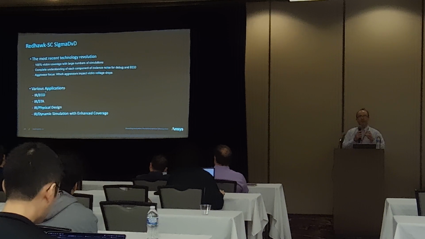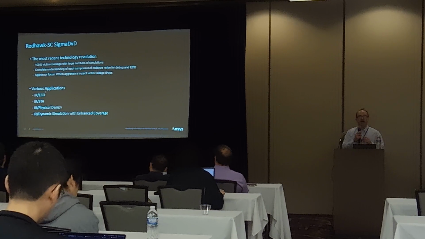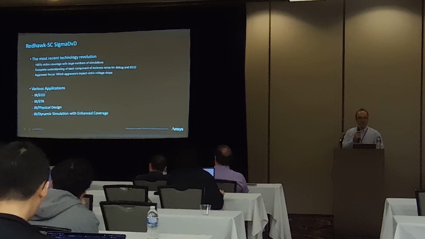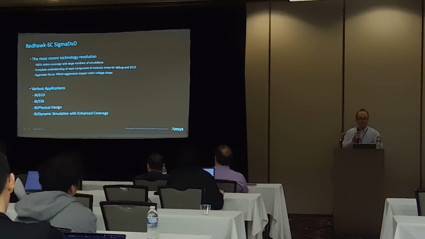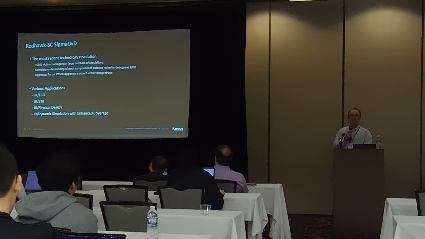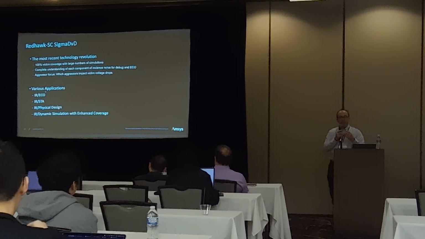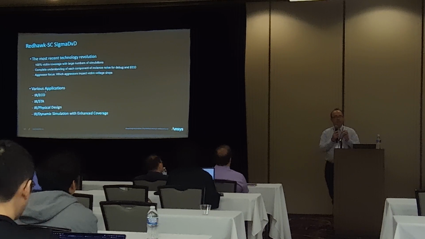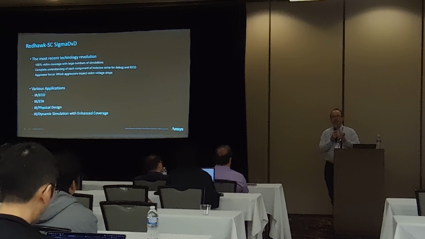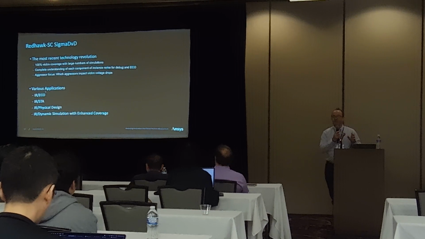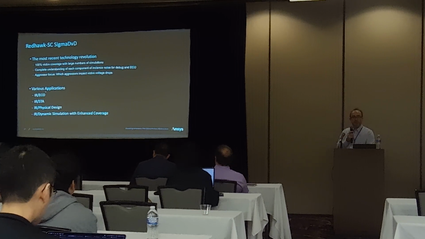So we have an aggressive focus where we decompose this IR drop problem into a much more foundational basis, so that we can apply it to many things like ECO, STA, and a bunch of other things. I'd like to give you some thought so that you could take it and make it research in physical design, to get better layouts, better routing, and all that. I think this would be very important to do.